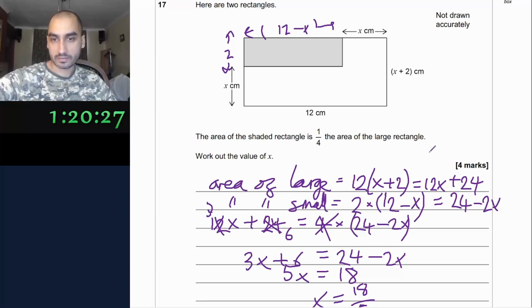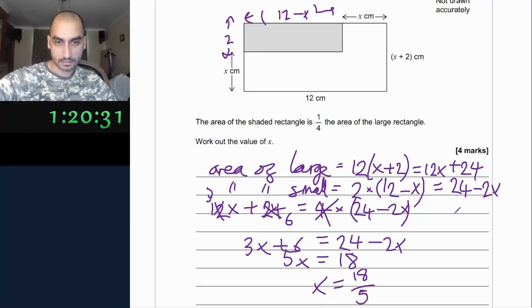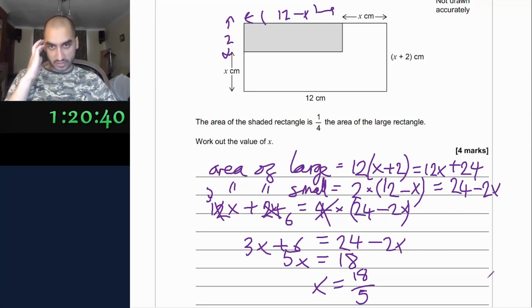Small is 2 times 12 minus x, which is 24 minus 2x. The large is 4 times the small. So you've got 12x plus 24 equals 4 times 24 minus 2x. Divide both sides by 4. 3x plus 6 equals 24 minus 2x. 5x equals 18. x equals 18 over 5.